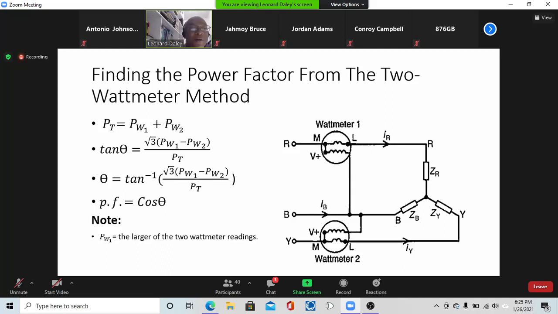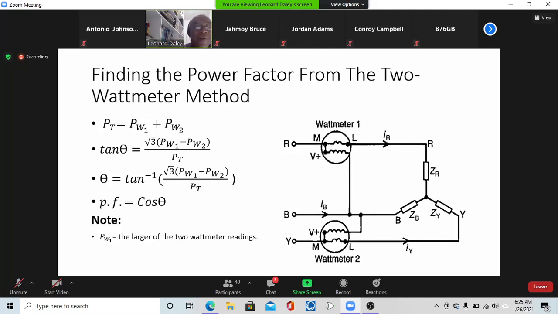All right, so it's a little bit kind of unwieldy, but let's say you find the total power. That is one thing that's called PT up there. You find the difference between the 2 wattmeters, and you use the larger reading as the PW1.